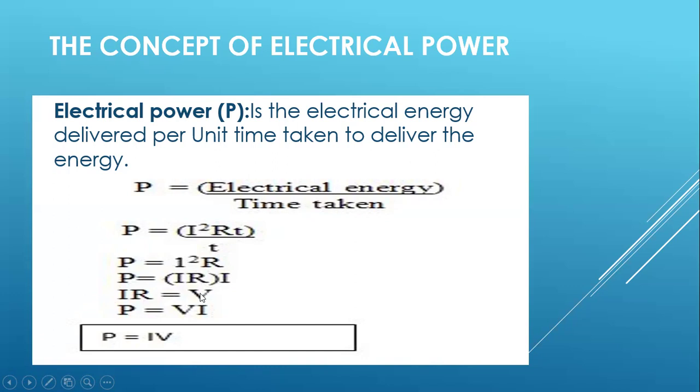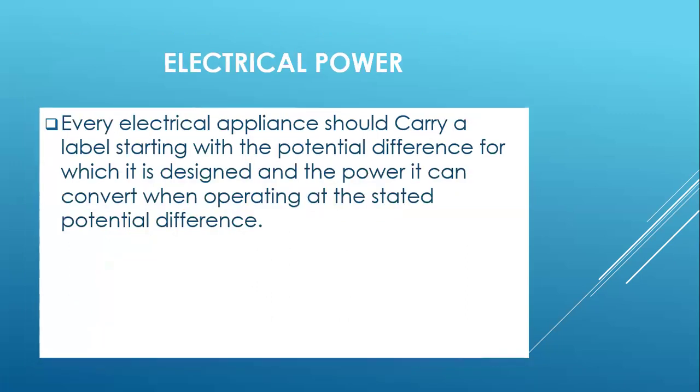From Ohm's law, voltage is equal to IR. So simply power will be equal to voltage multiplied by current. So this is our formula. Power is equal to IV, that is current multiplied by the voltage. I hope it's clear.